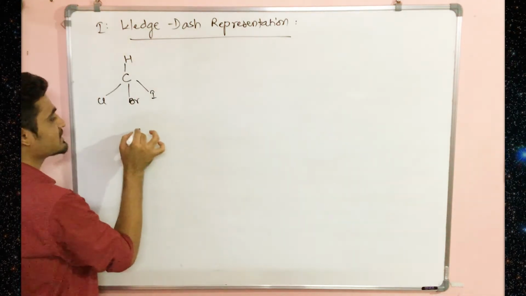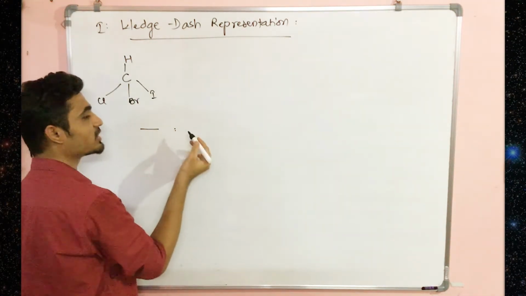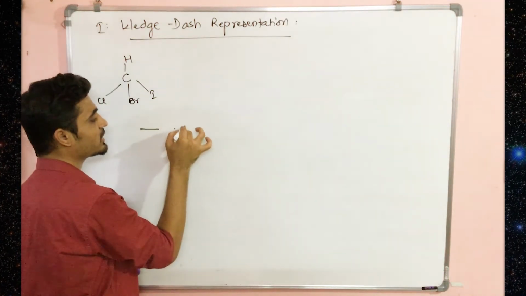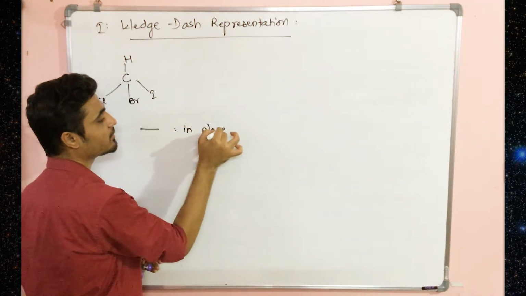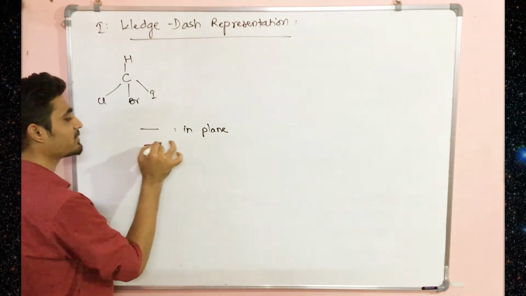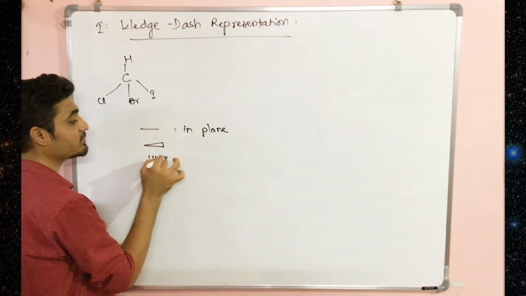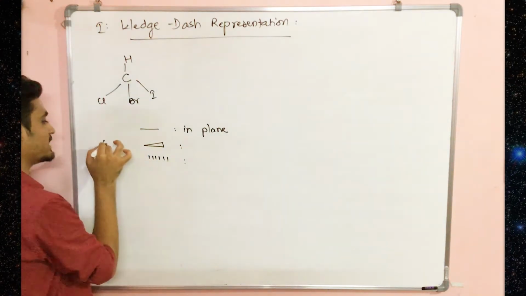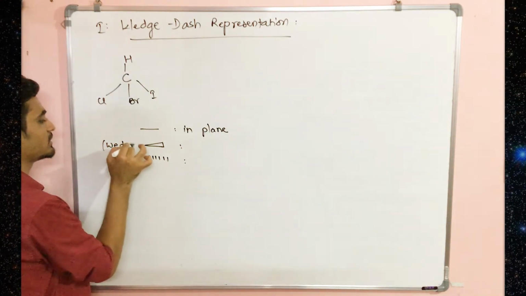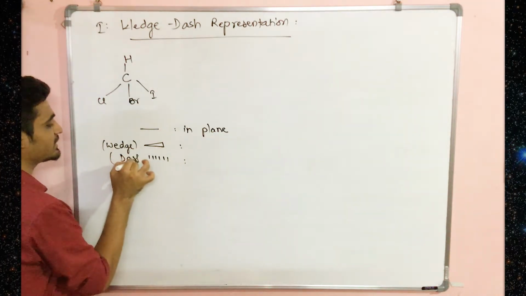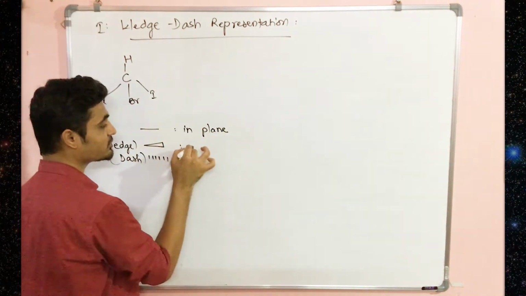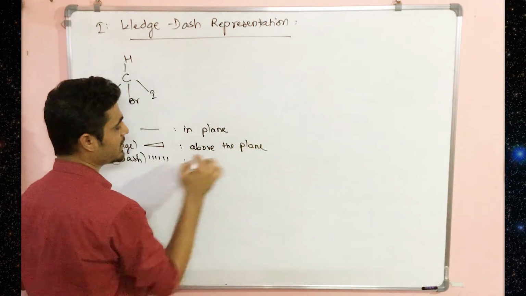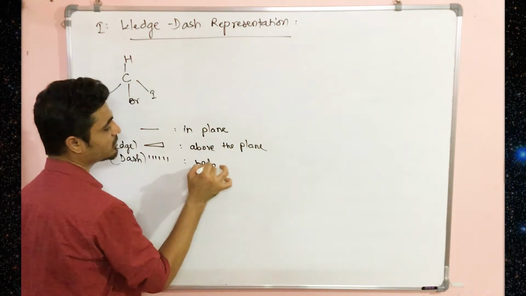This one will be used to represent the bonds which are in the plane. And then I'll represent the other two, which are going behind and above the plane, whereby this is called wedge and this is called dash. Wedge will be used for above the plane and dash will be used for below the plane.